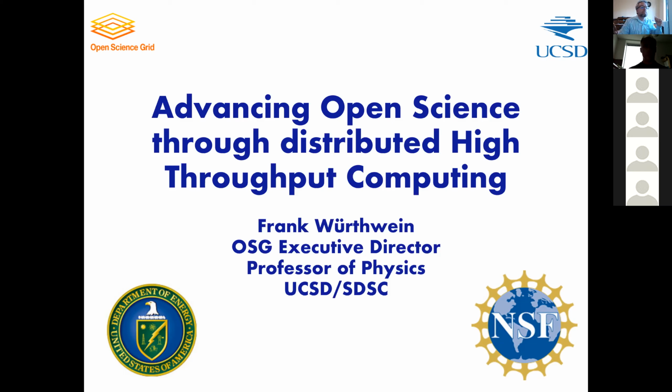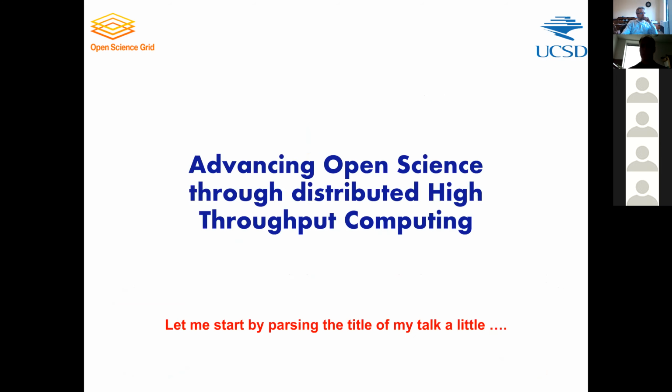Okay, so as advertised, I'm going to talk about advancing open science through distributed high throughput computing. I want to start by parsing my title a little bit and acknowledging upfront that the purpose of this talk, in my mind, is to give people a sense of what Open Science Grid is trying to accomplish, who it is trying to accomplish this for, and what is the methodology that we're using.